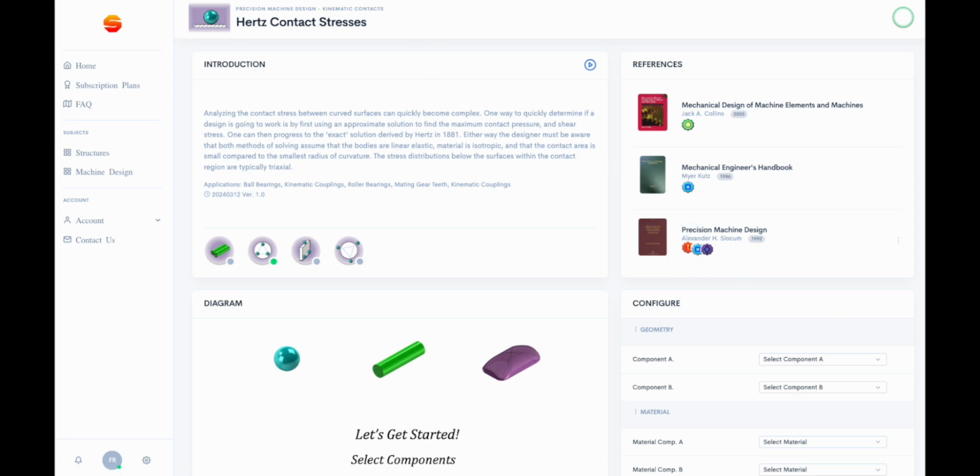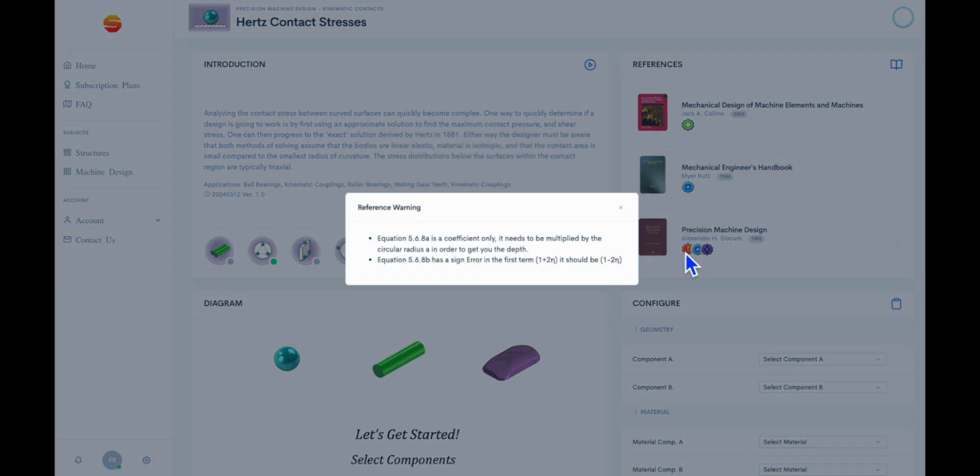So let's switch to a higher plan. We're going to switch it to the universe plan, which you take a lot more into account in a universe than a galaxy. If you go to the top, you'll notice that the color changed here in your plan, and that you have additional references, as well as you can click on the details of the warning, and it'll tell you this equation in this book has this actual sign error.